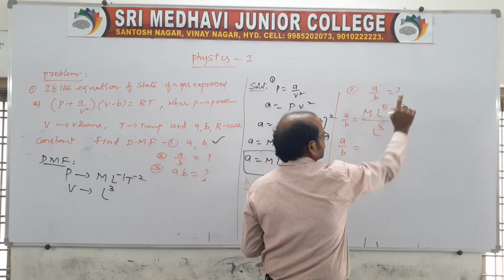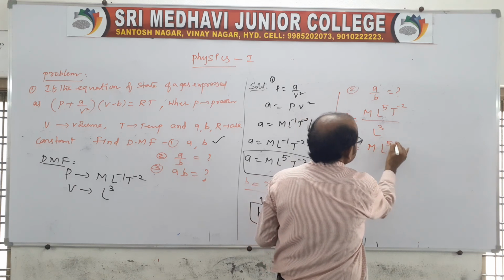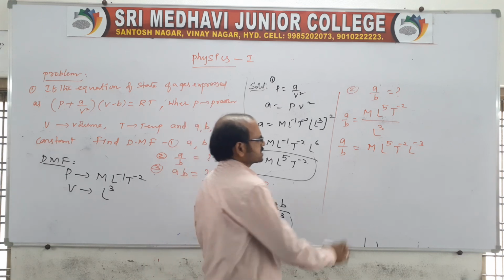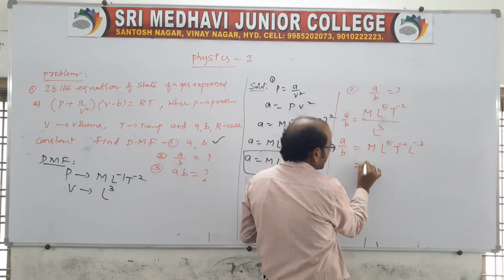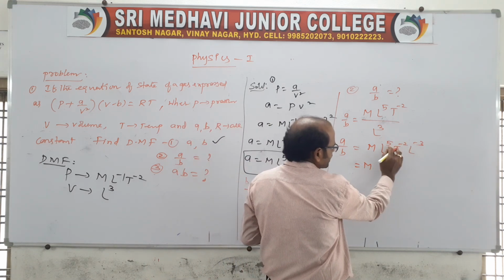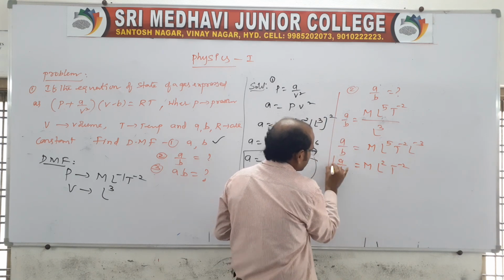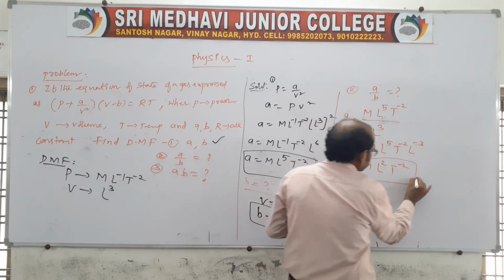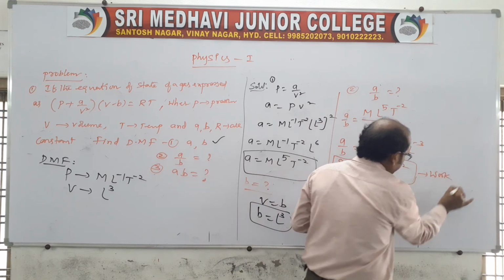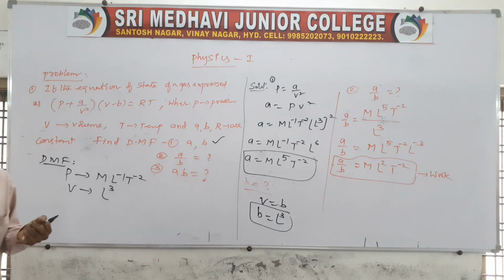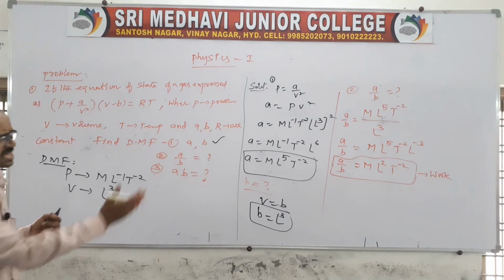You take it to the numerator, it becomes a negative sign. Again the bases are the same, so the powers are to be added: 5 minus 3, L square T power minus 2. This is the A by B dimensional formula. See, this is equal to work or energy, because M L square T power minus 2 is related to work or energy. This is the second bit.